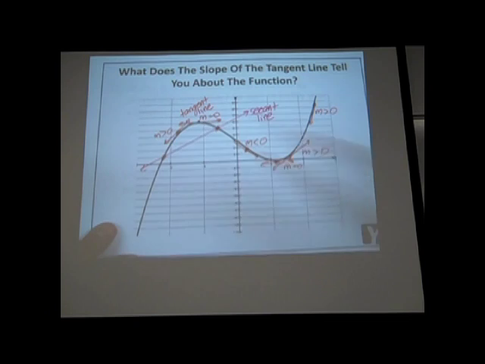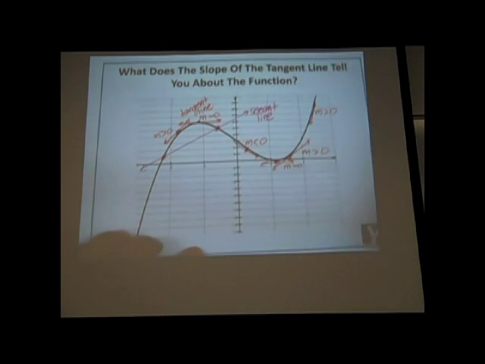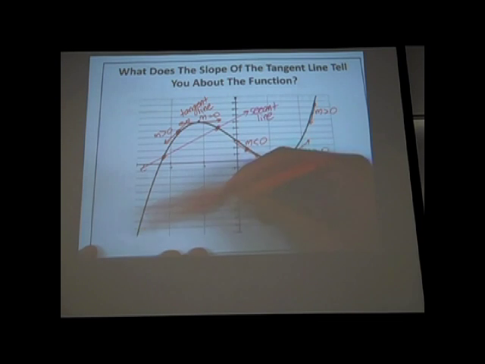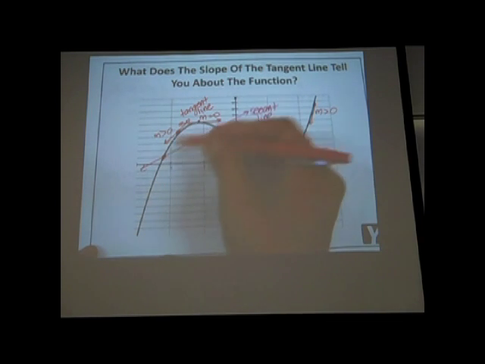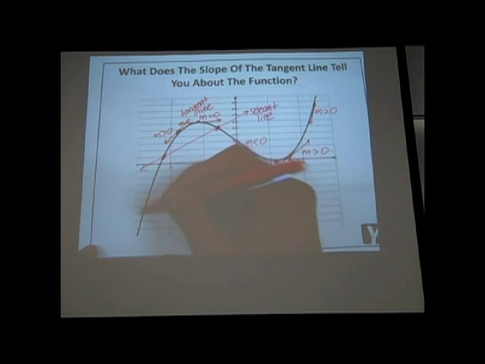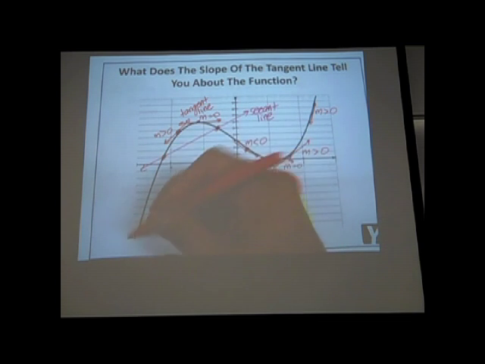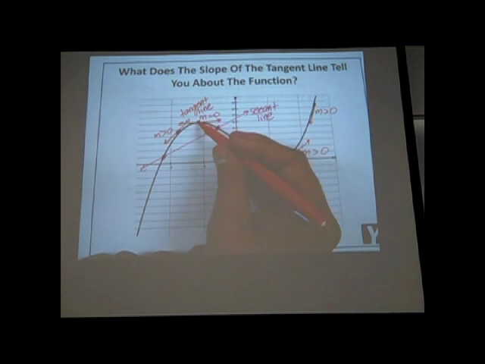Slope is positive. The astute pre-calculus student might start to notice that where your function is increasing, we're increasing from here until right about here, all the tangent lines that you would draw to that graph are going to have positive slope. When you hit a maximum point over here, you're going to have a horizontal tangent line.